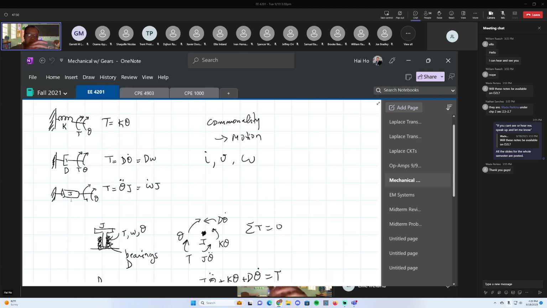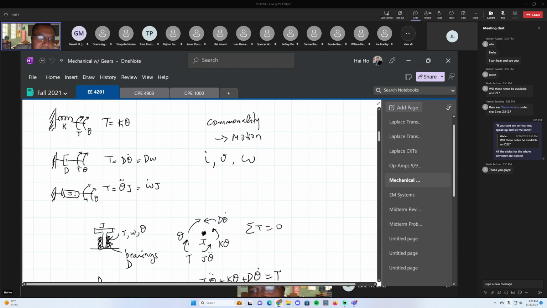So the bigger the load, the bigger the inertia, which is designated by the variable J. So this is like F equals ma, except it's rotational. So now torque is equal to inertia times angular acceleration, or is equal to omega dot times J.